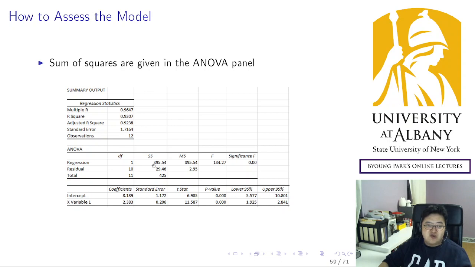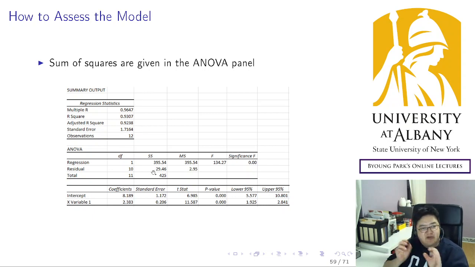And if you add the first two sums of squares, then you will get exactly the third one. So you can decompose the total sum of squares into the regression sum of squares, which is explained, and the residual sum of squares, which is unexplained.